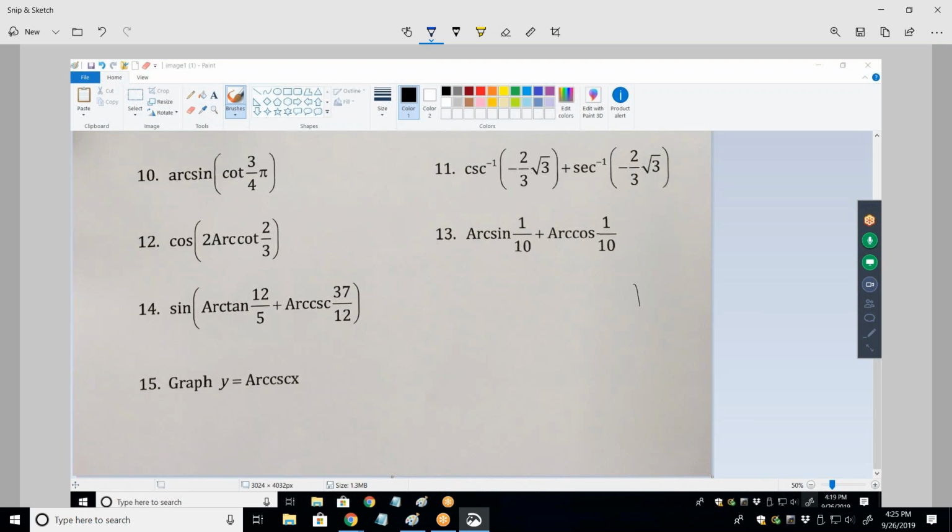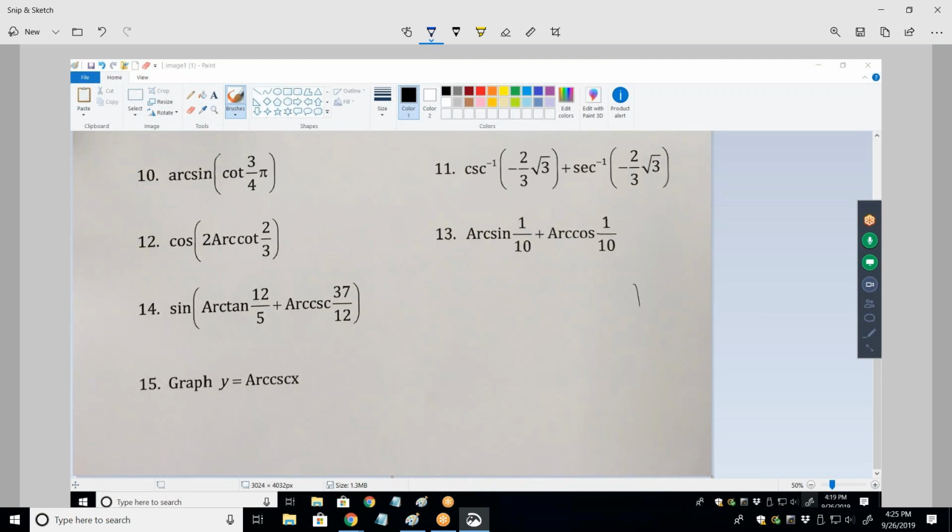Is number 13 more complicated than it looks? Would we have to use a calculator on that one? You're going to have to use a calculator. Just add the 2 numbers together.